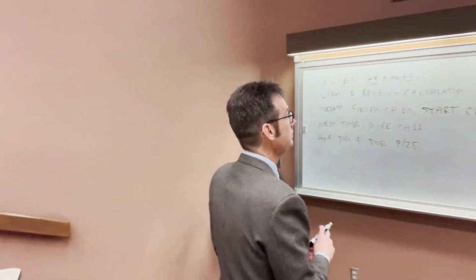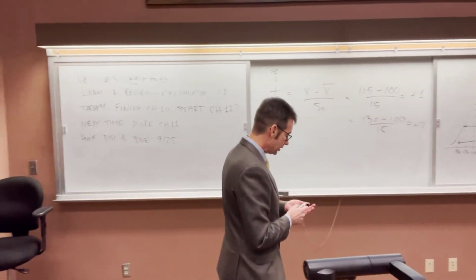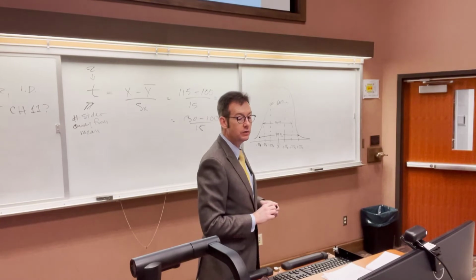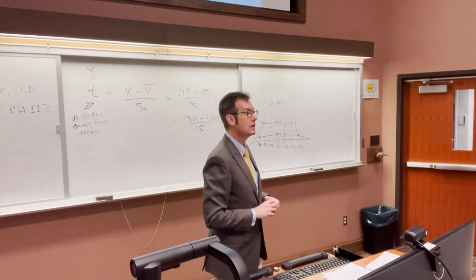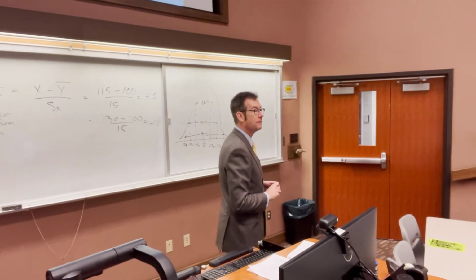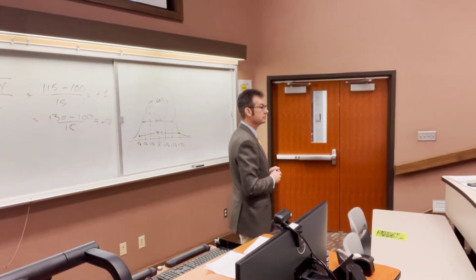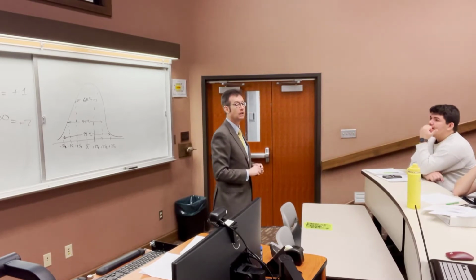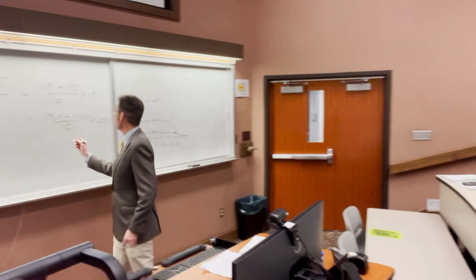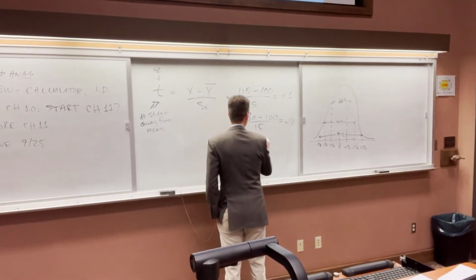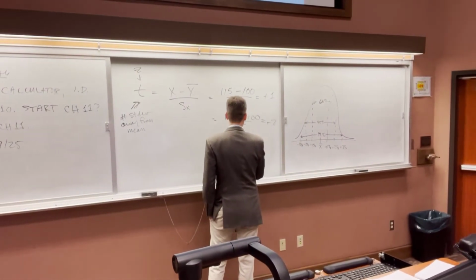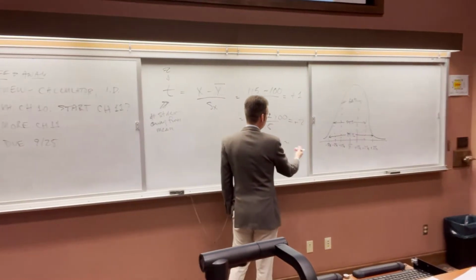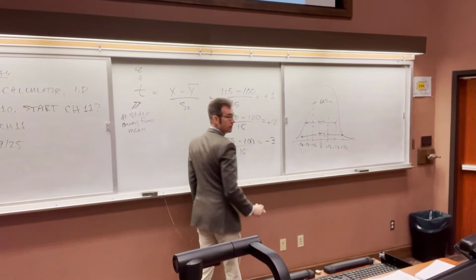Okay. Now, let's ask this question. What is the probability that someone's IQ is lower than 55? We're going to say 55 minus 100 is equal to negative 45 over 15 is minus 3.